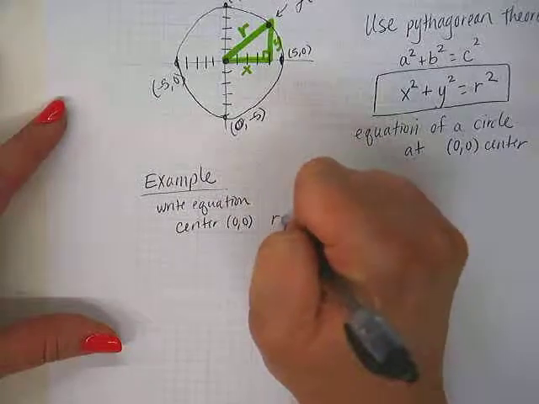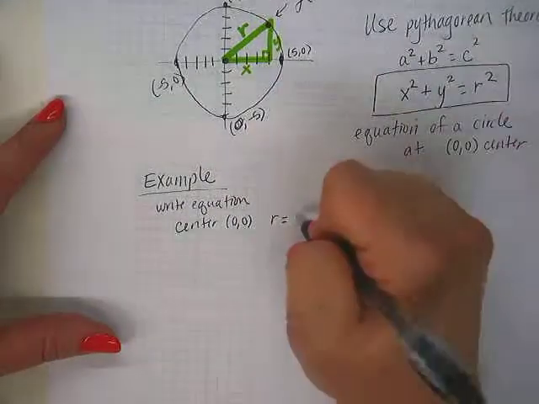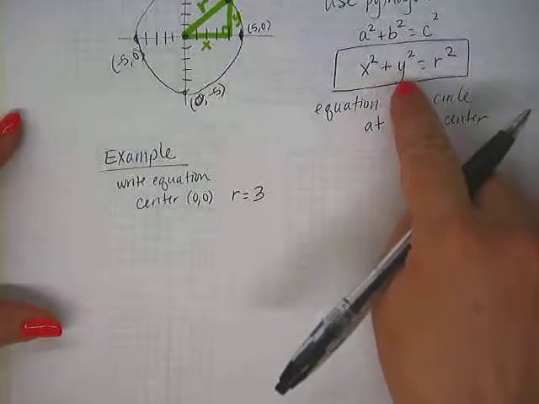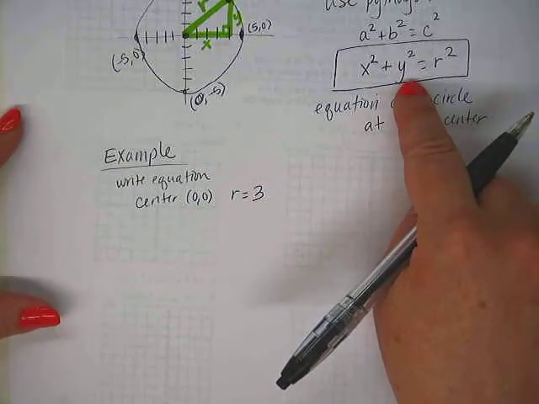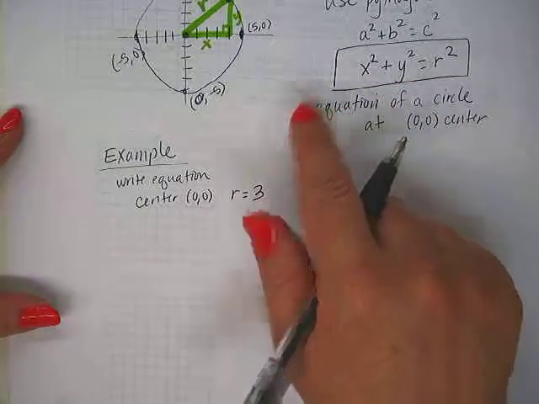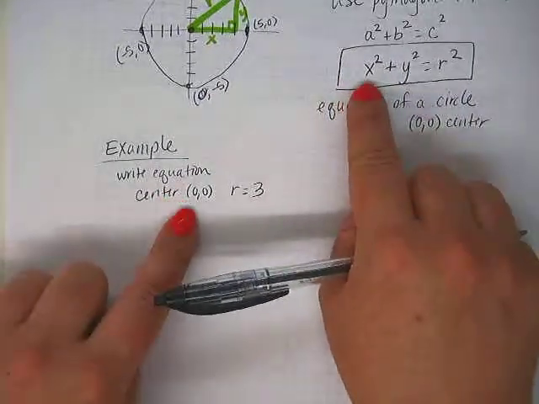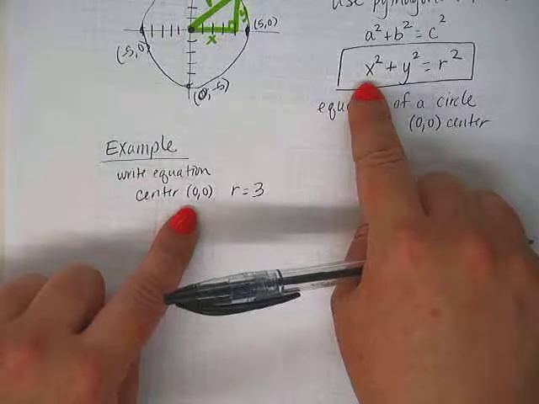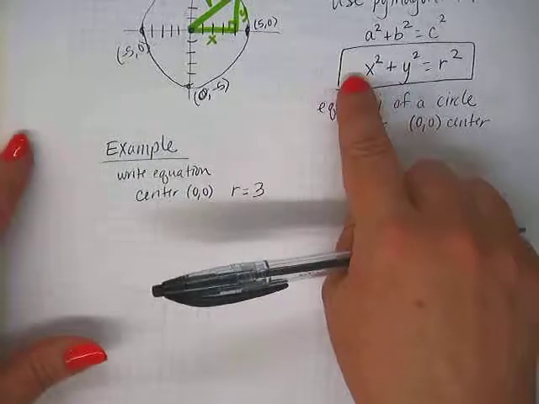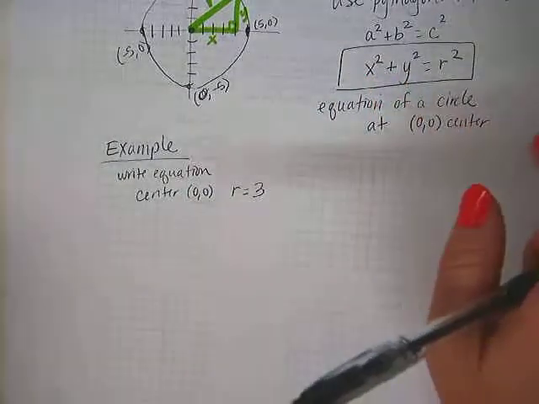Let's write the equation if the center is at 0, 0 and the radius equals 3. What would we do to write the equation? How would we use this? Do we have a specific x value?